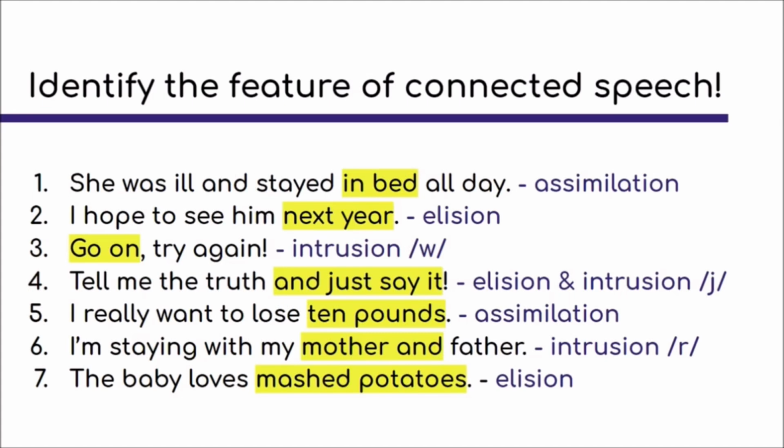You can hear it again: mother and father. I am a non-rhotic speaker, so for me there's an intrusive r between mother and. Now, if you are a rhotic speaker, for example, if you're from America or from Scotland, then you would say an r here anyway.